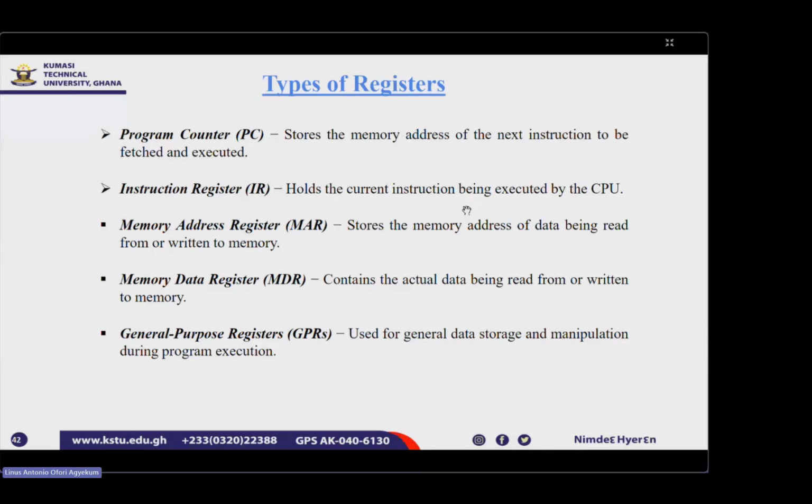The program counter stores the memory address of the next instruction to be fetched and executed. The instruction register holds the current instruction being executed by the CPU. And the memory address register stores the memory address of data being read into or written to the memory.